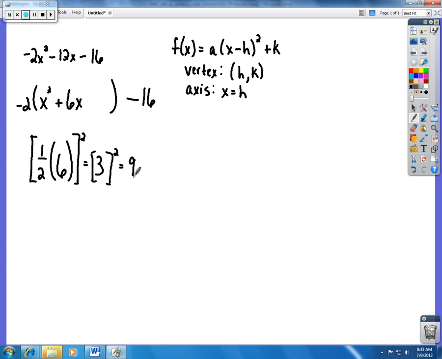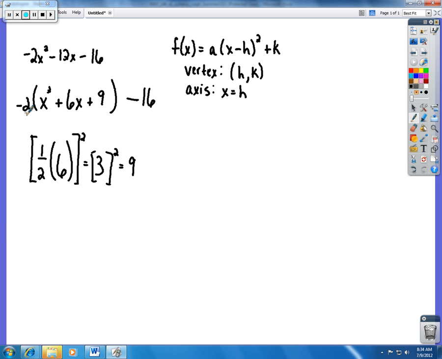So you're going to add 9 here, and wherever you add 9, you're going to subtract 9. But here's where it gets a little tricky. If you've got a constant out in front, you have to take that into account, because we're not just adding 9. We're technically adding 9 times negative 2 if we multiplied all this back out.